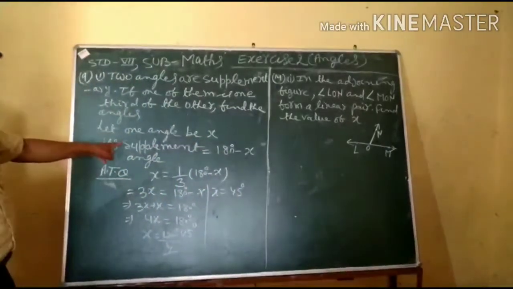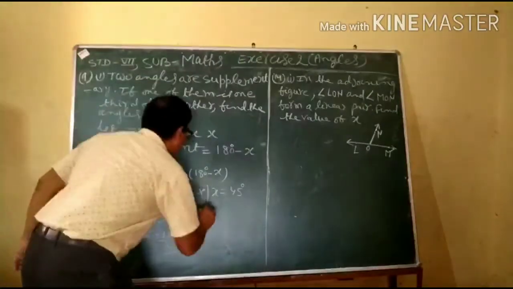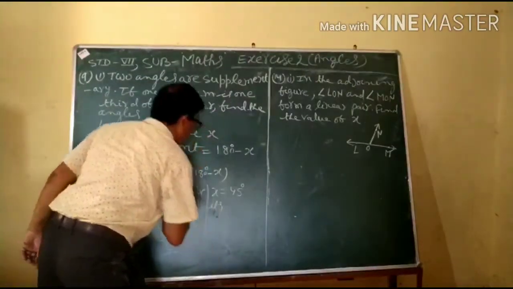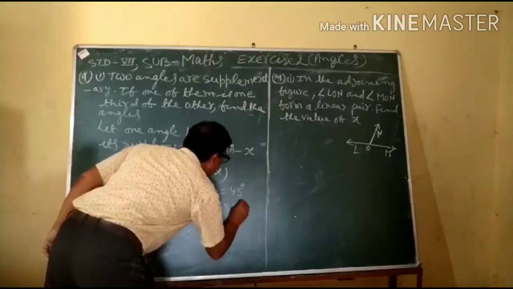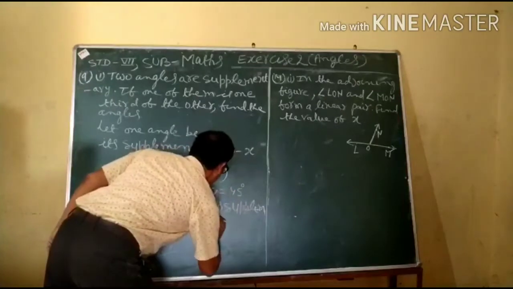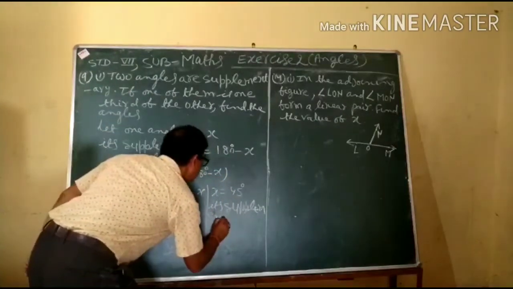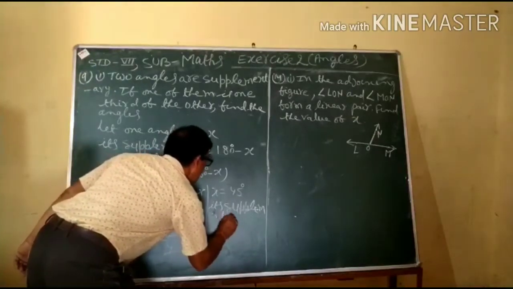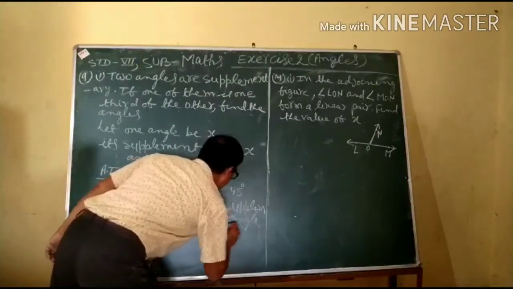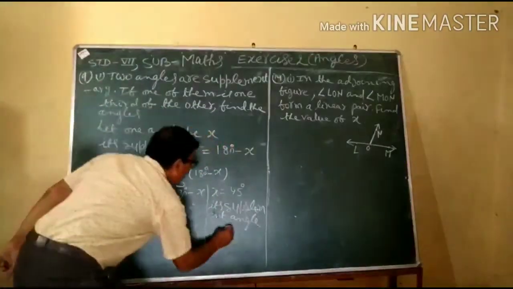Now its supplement angle, another angle, two angles we are going to find out. Its supplement angle is equal to, what will you write? 180 degree minus x.